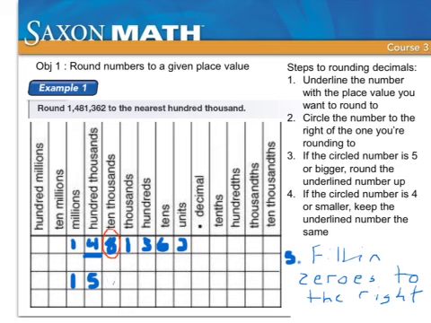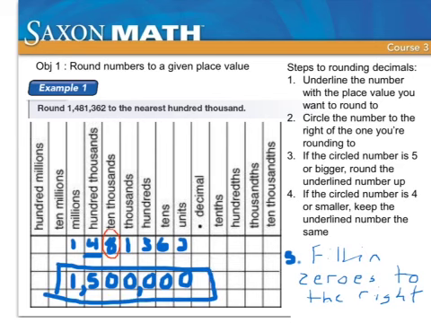Let's erase that. So all these are going to go to zeros now. Then we can't leave this like this, we've got to put commas where they go. So, comma, comma, it's 1,500,000 when you round it to the nearest 100,000. Okay, let's go on to another example.